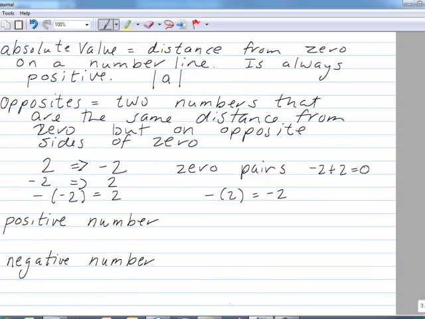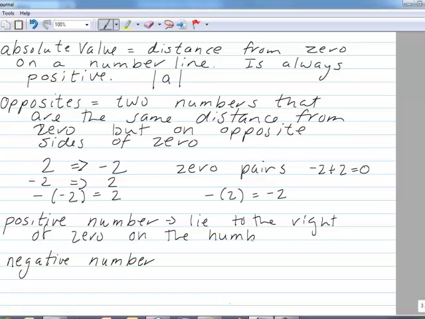Positive numbers lie to the right of 0 on the number line, or another way to say that is that they're greater than 0.